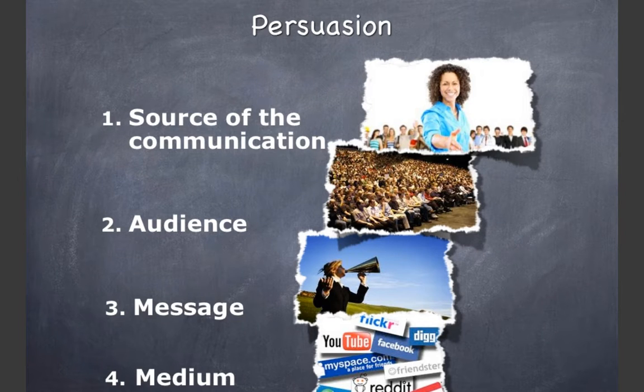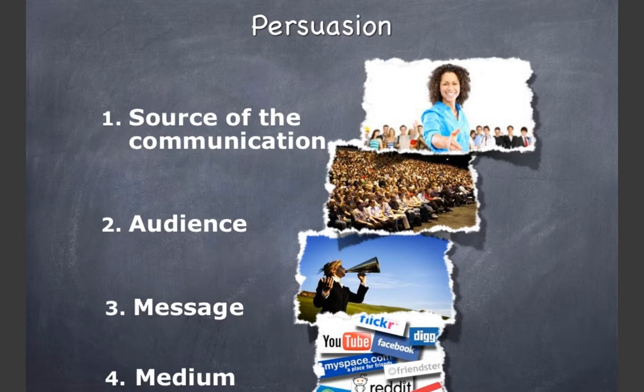Now, we've touched on compliance, but persuasion is different. Persuasion is a deliberate attempt to influence the attitudes or the behaviors of another person. And there's 4 elements to this. Now, you can either influence through persuasion by considering the source of the communication.